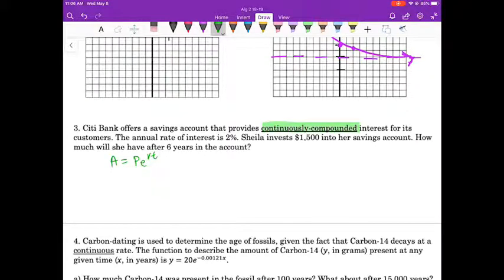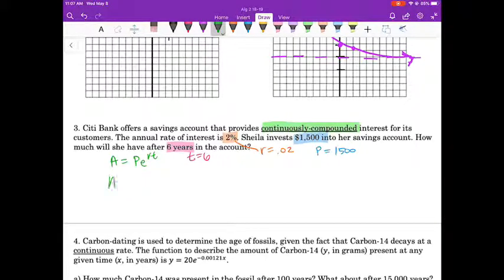Then we just have to piece together what goes where. The annual rate of interest would be our r, 0.02, because remember 2% needs to be a decimal. Our friend Sheila is investing an initial principal amount of $1,500, so there's a value for P. And how much will she have in 6 years? That is a value for t.